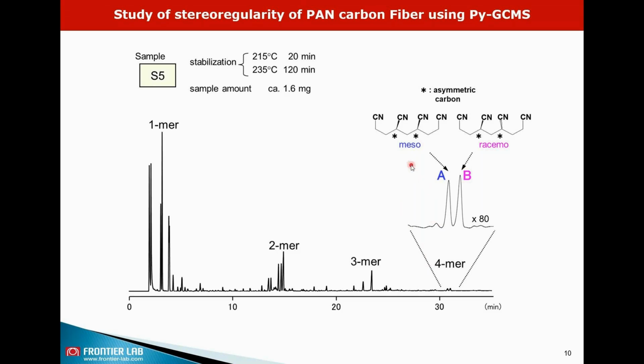To make the isotactic, ladder-like structure, we have to see the formation of the meso isomer, whereas the other kind of isomer will produce the racemo. Based on the individual peaks and the total peak area, one can calculate the portion that favors the ladder-like structure.